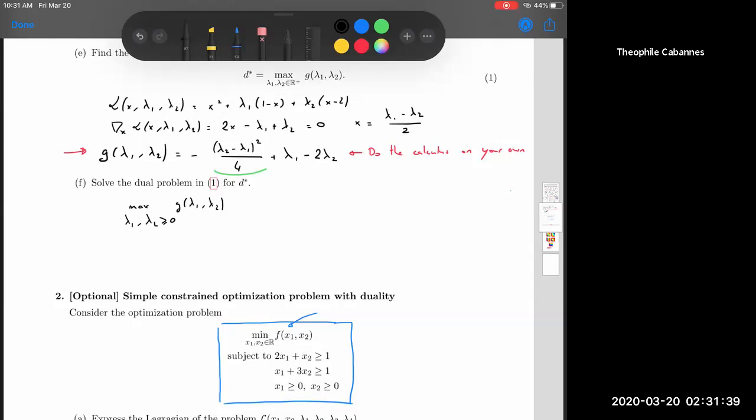So what we can do is, sorry, I think I did some mistakes so far. So what we can do is try to set the gradient with respect to lambda1 and to lambda2 to be equal to 0.